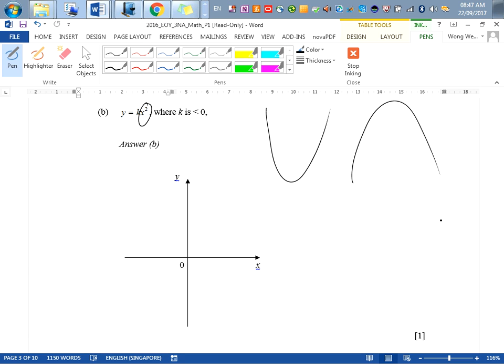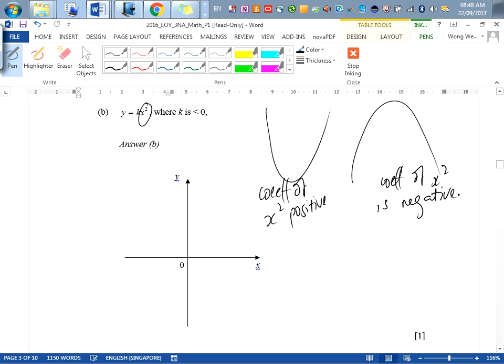The coefficient of x squared, right? So if the coefficient of x squared is positive, which graph do I get? This is when the coefficient of x squared is positive. Right? Then this one, the coefficient of x squared is negative.